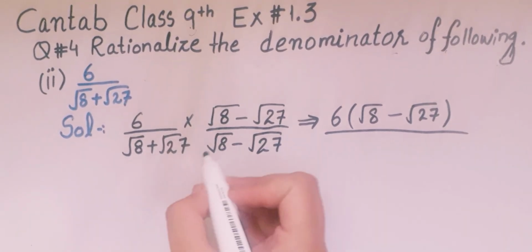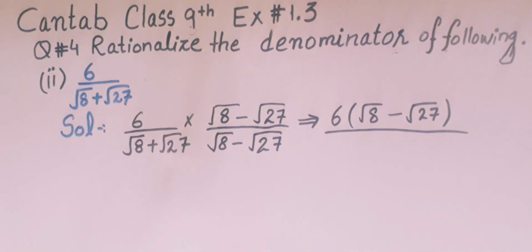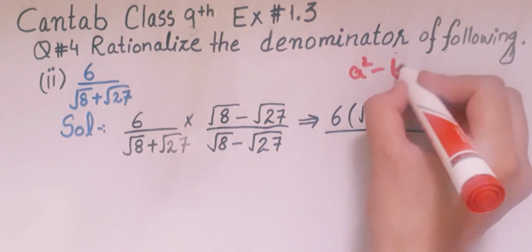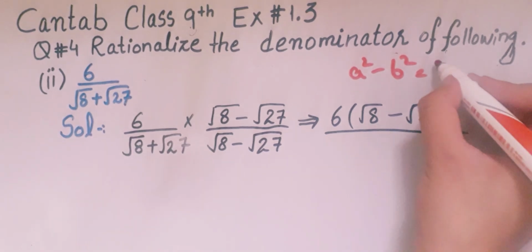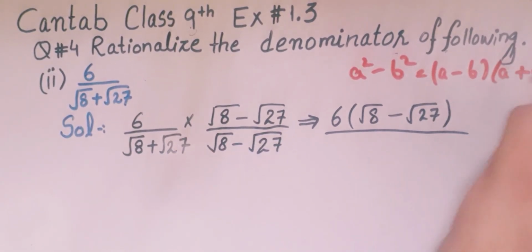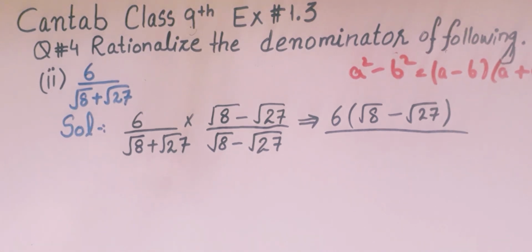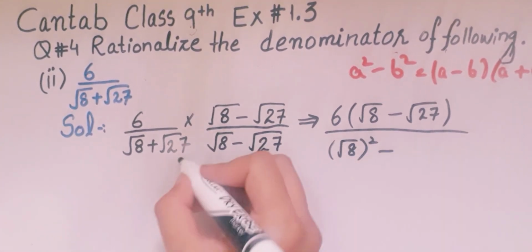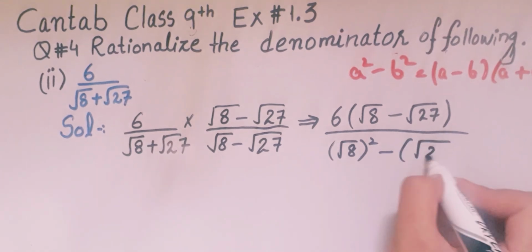we will apply here formula of a square minus b square, which is equal to a minus b into a plus b. So square root of 8 square minus square root of 27 square.